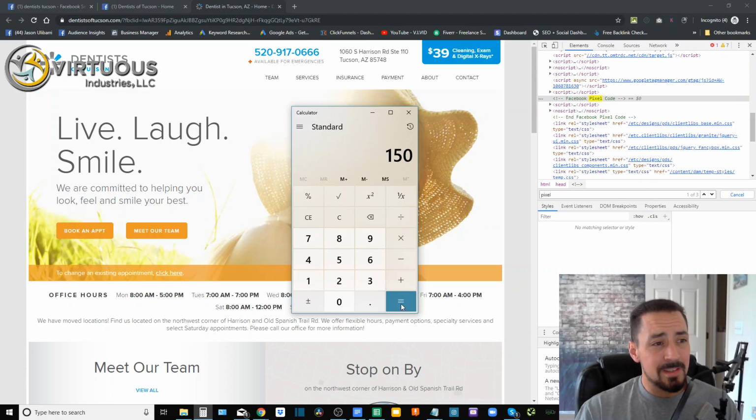Now the problem is that $5 a click is going to get you like 30 clicks. Honestly, with 30 clicks, you're not going to get a customer out of that. You're just not. The conversion rate is like 0.05% for people to take action on a website, so you're going to need 100 people to get to your website before you even get one customer.